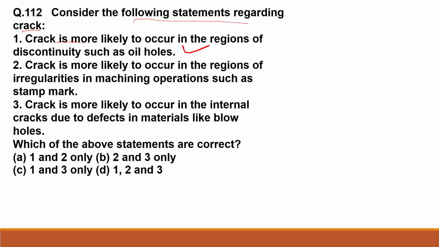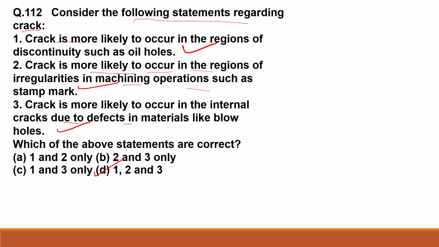This is right. A crack is more likely to occur in regions of irregularities in machining operations, such as stamp marks. This also is right. A crack is more likely to occur in internal cracks due to defects in materials like blowholes. This option is also right. Option D will be our right answer.